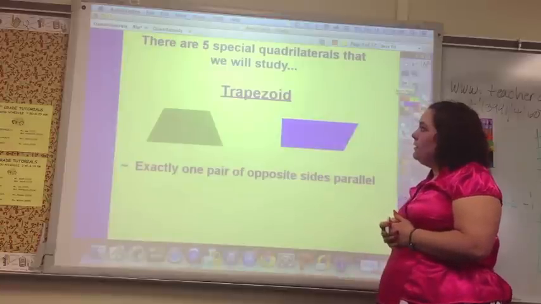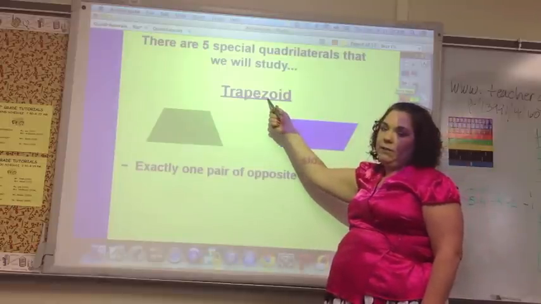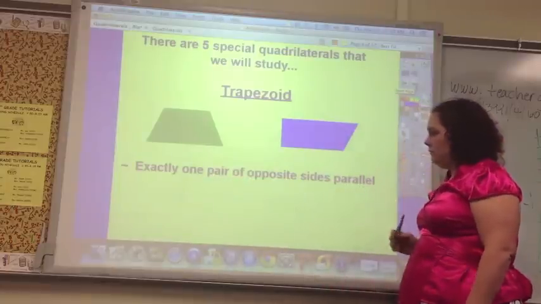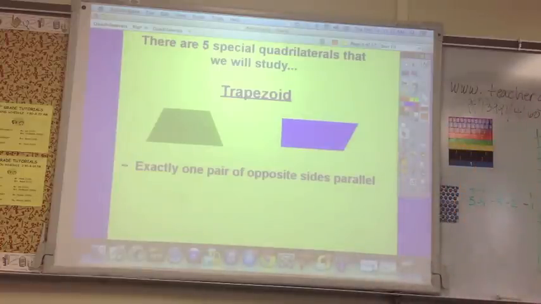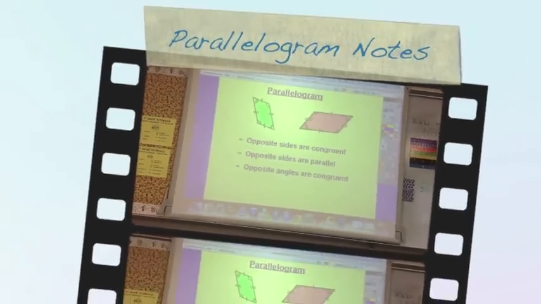So there are 5 special quadrilaterals that we will study. The first is the trapezoid. So find trapezoid on your note sheet and write this. And these are the notes for a parallelogram.